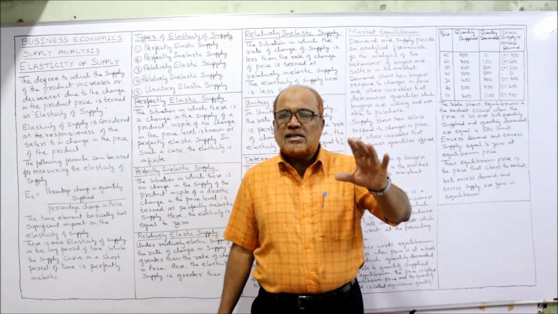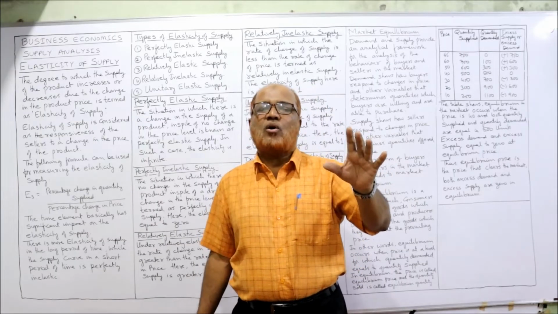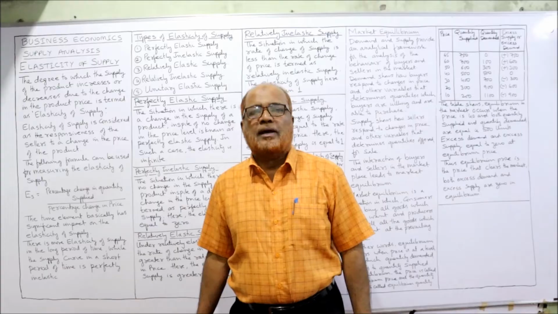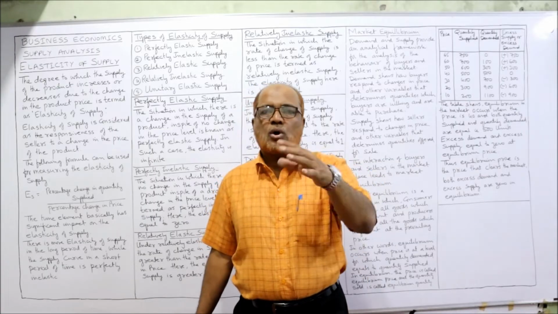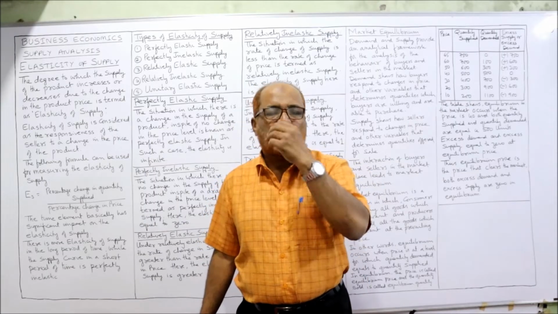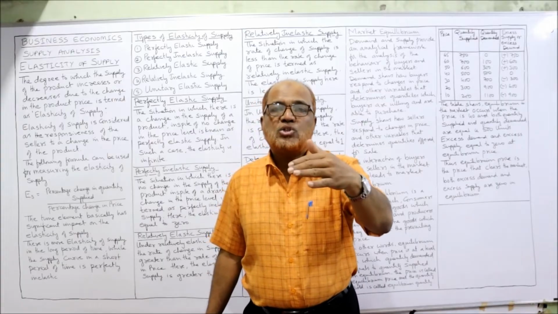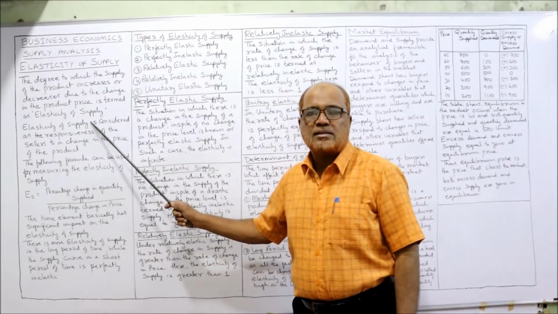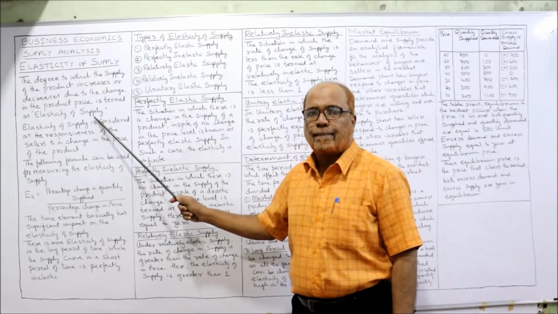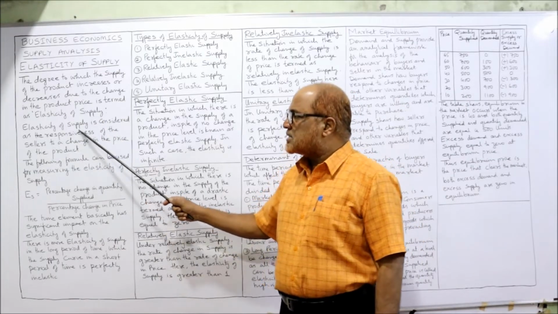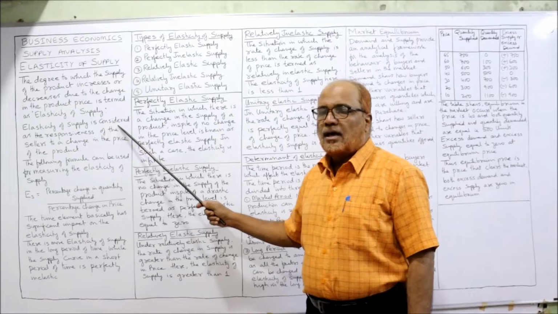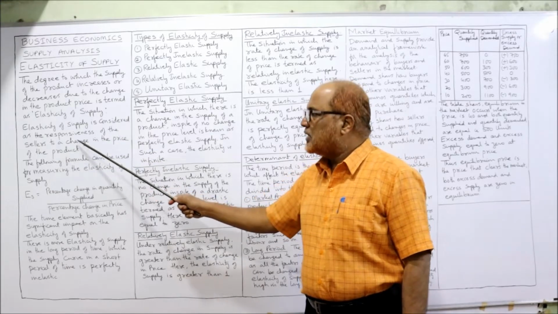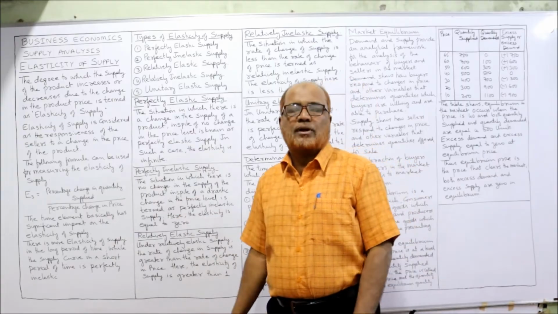That means whenever there is a change in the price of a product, there will be a change in the supply. So the decrease or increase in supply due to a given change in the price is termed as elasticity of supply. Simply, elasticity of supply is considered as the responsiveness of the sellers to a change in the price of the product.